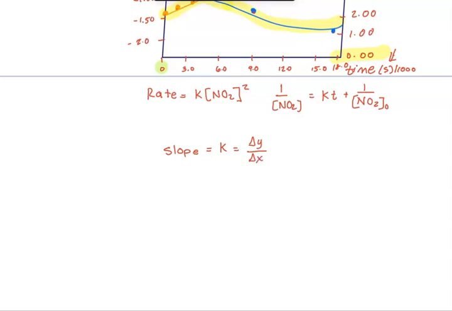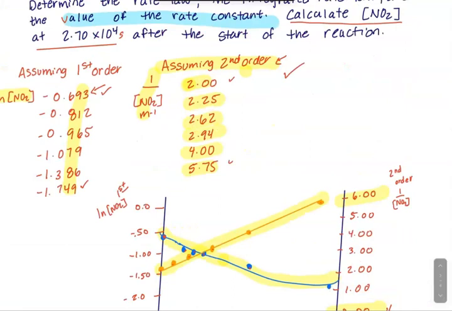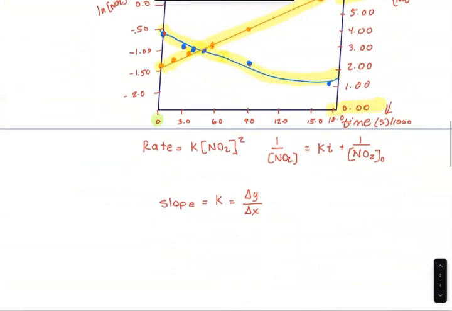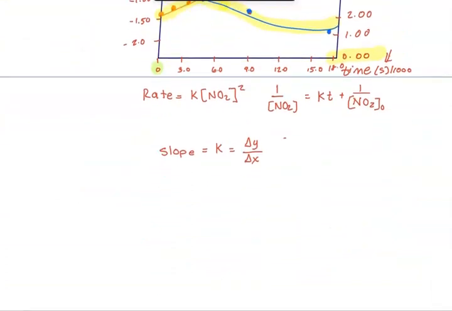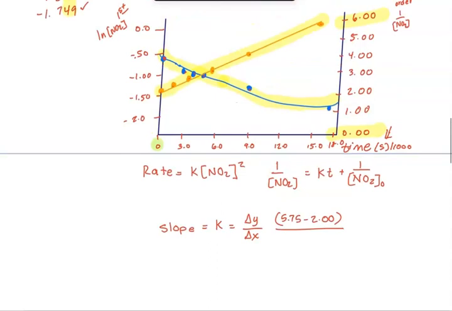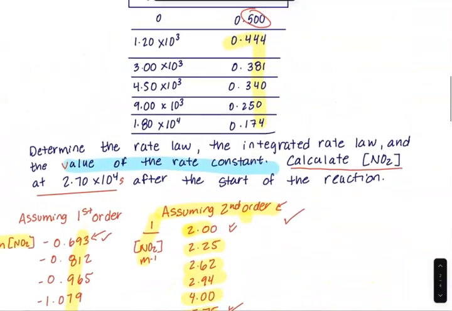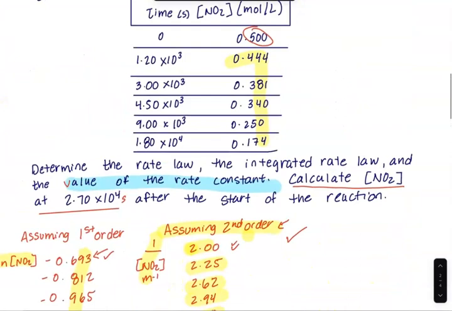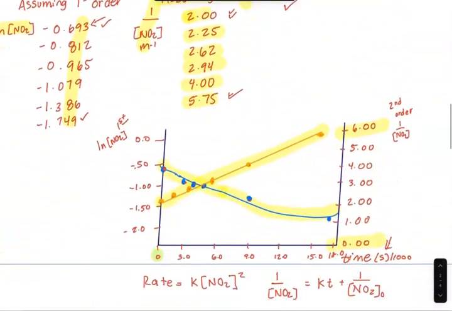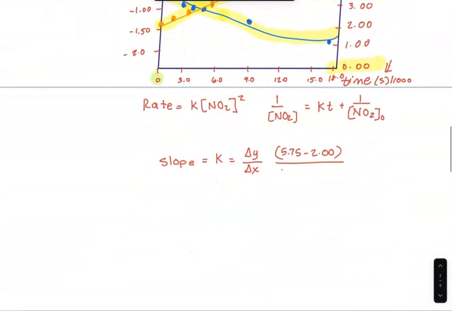And where do we get these points? We're going to get them from our table. We get the low point and high point from our y-axis. So it'll be 5.75 minus 2.0 over our x-axis, which is our time, and we get that from the table they gave us: 1.8 times 10 to the 4th minus 0.